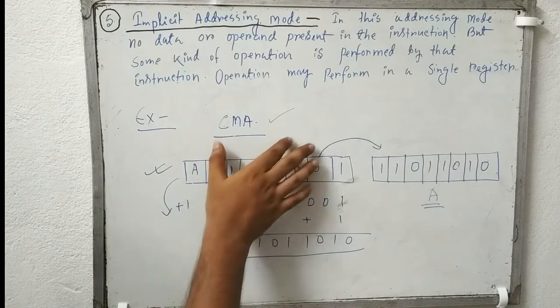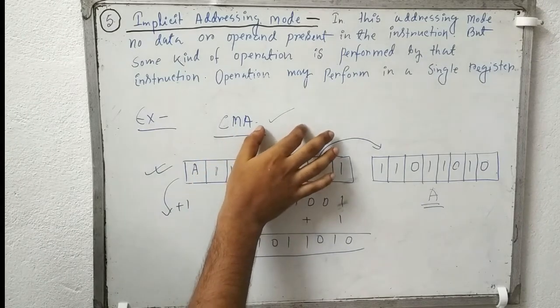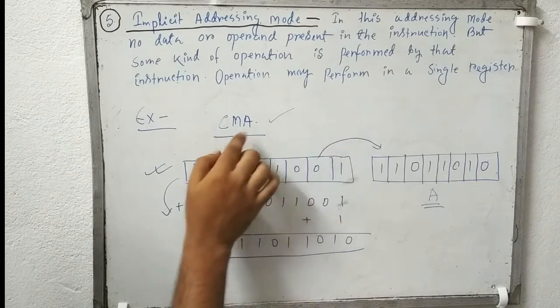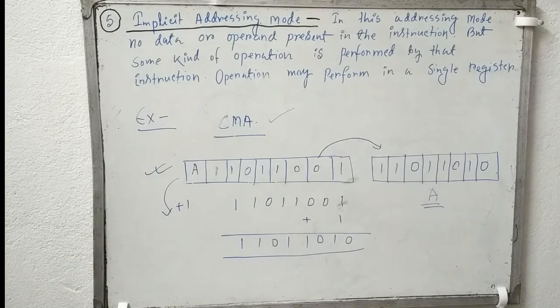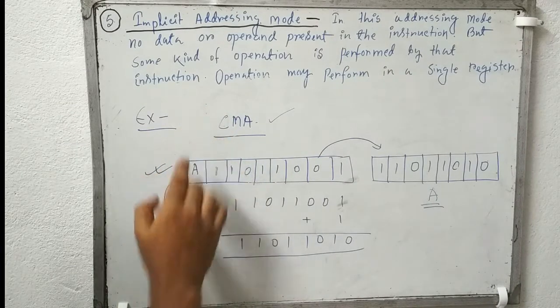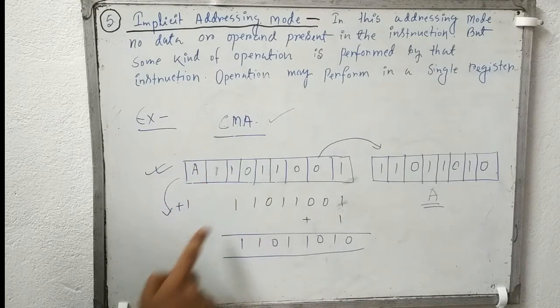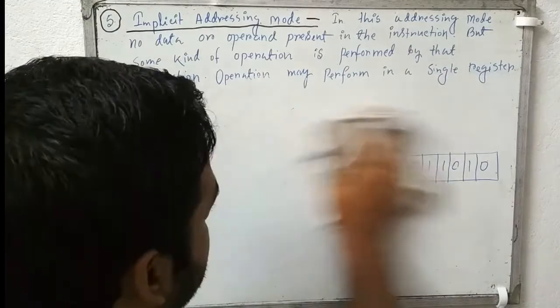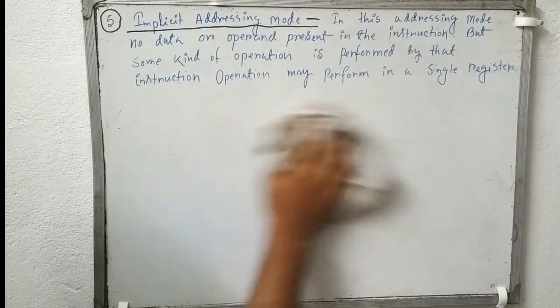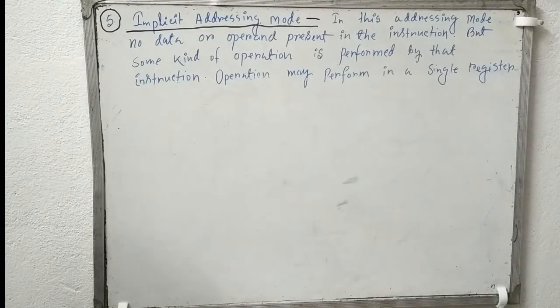There was no data or operand present there. Only the instruction was there, and this instruction defined that the accumulator data needs to be complemented. So that was one example.